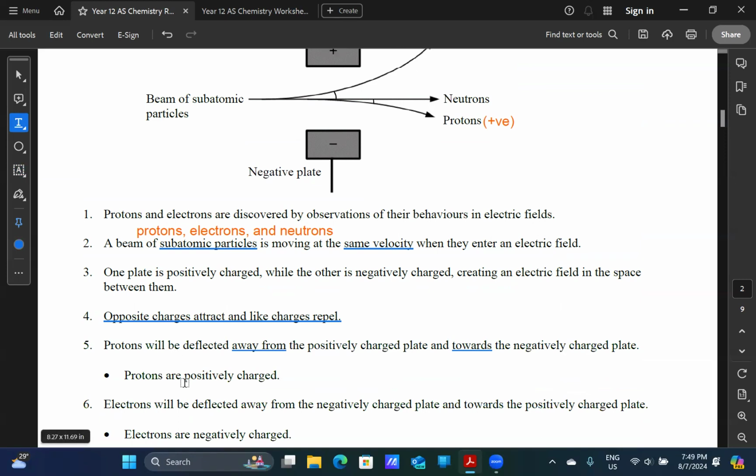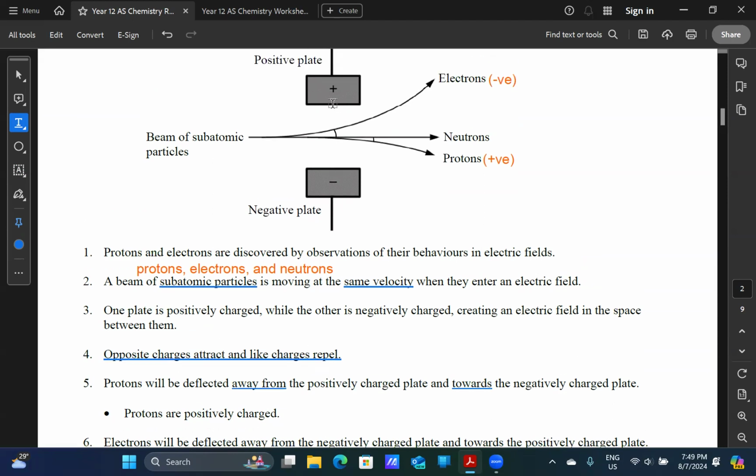Proton, obviously, as we know from this observation, will be deflected away from the positively charged plate. Why deflected away from the positively charged plate? Because proton itself is positive charge. Like charges repel, remember that.